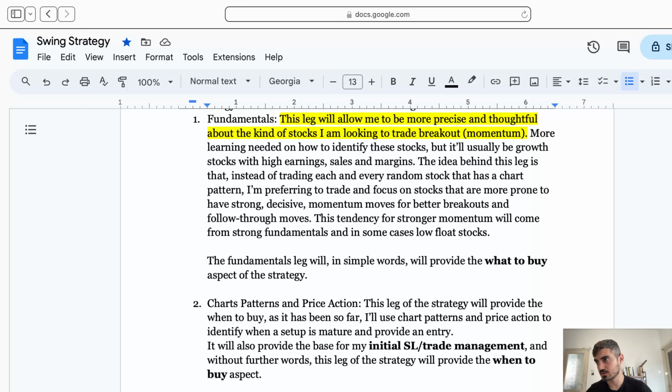I have this idea of initial stop loss and trade management, which covers the several days after I enter the position. I want to be very aware of how price is behaving, because at the end of the day, the breakout point is in a sense a pivotal point, the place where the buyers, if we are looking long, should be the strongest and the most decisive. I want to see strong price action and follow through there.